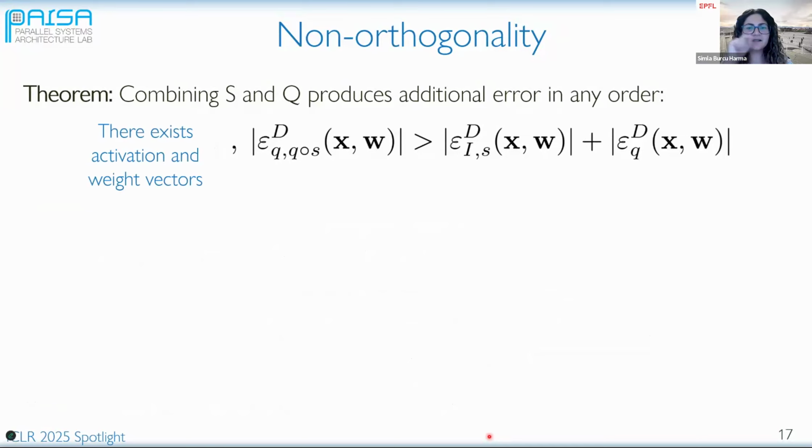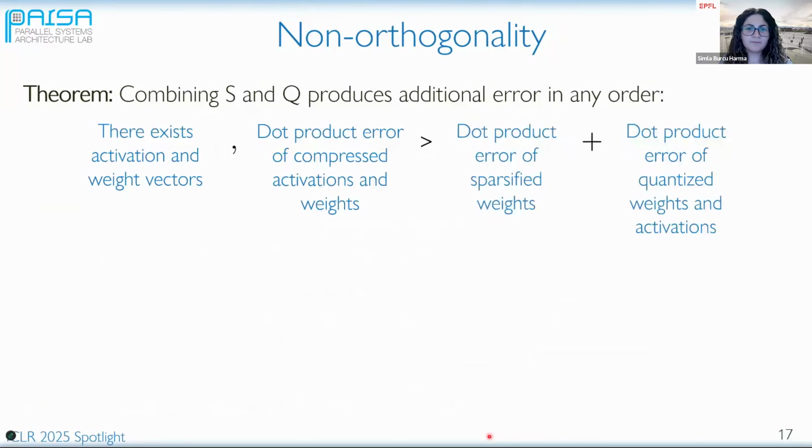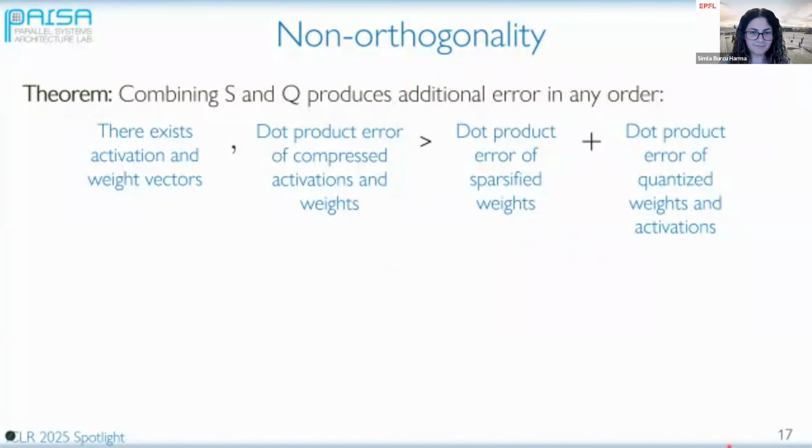So there exists an activation and weight vector such that the dot product error of compressed activations and weights is larger than the sum of the dot product error of sparsified weights and the dot product error of quantized weights and activations. So basically the error of the combination is larger than the sum of the individual errors, just like we did for tensor level, but this is now in the dot products.